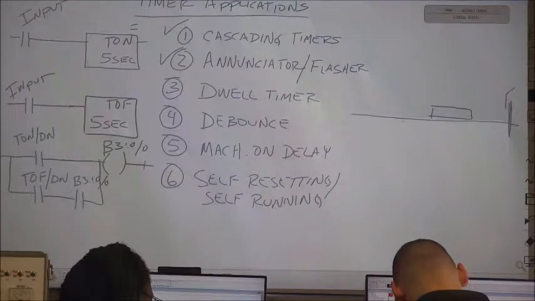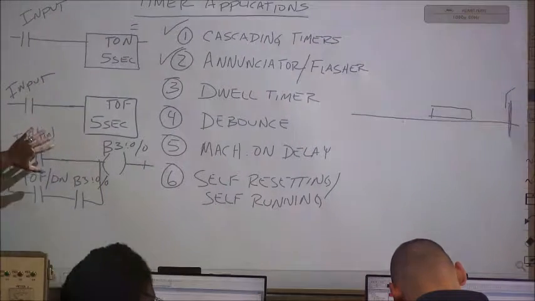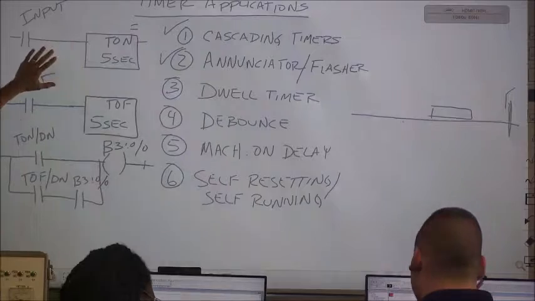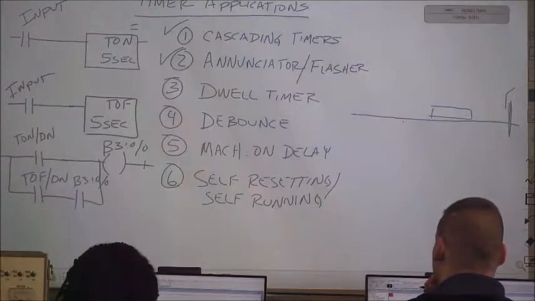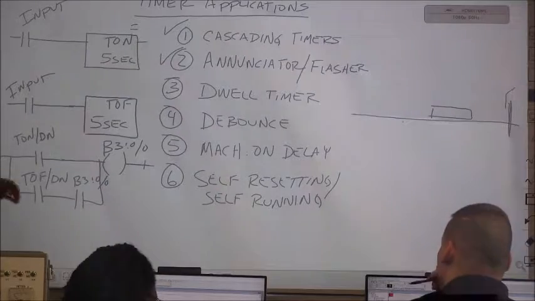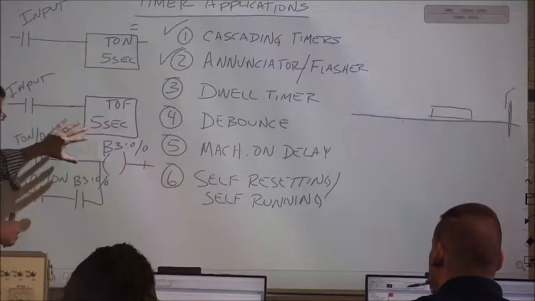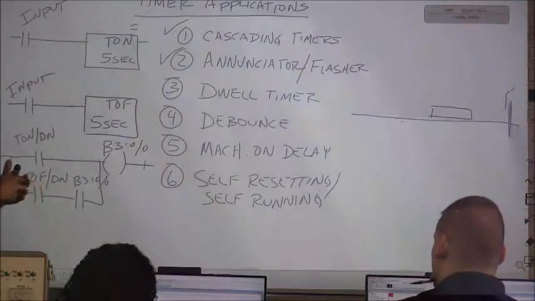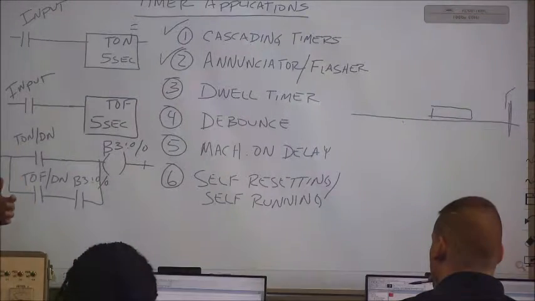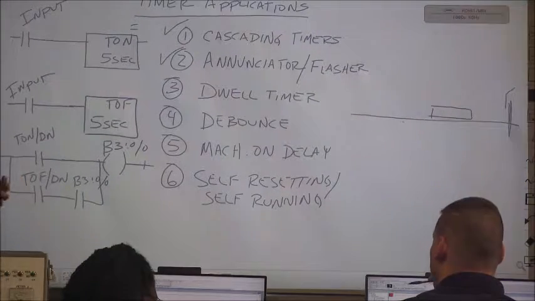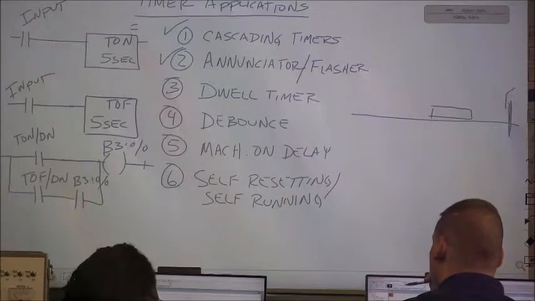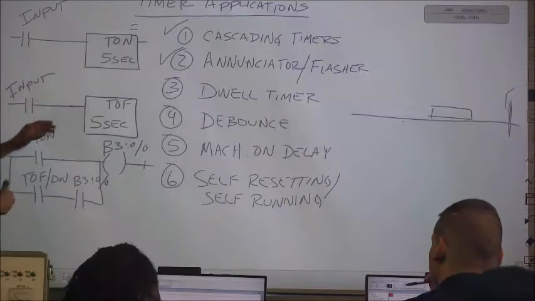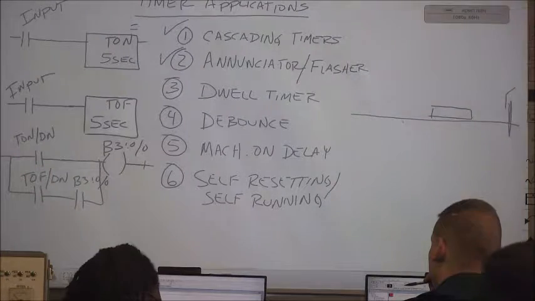So we give it a little bit of time. Once we get the done bit from that TON timer, we know that that input is solidly made. I mean, there's no doubt about it. And then the TOF sets up the same scenario where it can be not made for 5 seconds. So we know that the switch got solidly made. We don't have to worry about that bouncing thing. And then it can come off the switch.